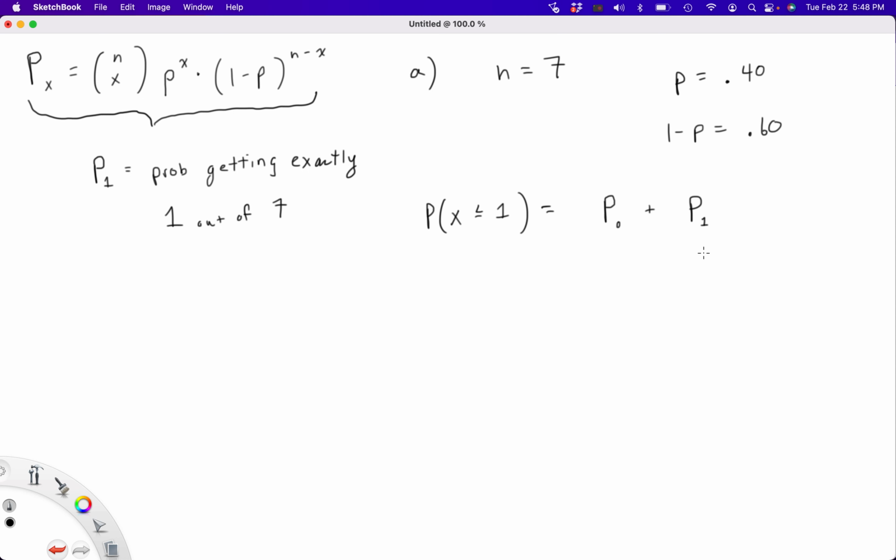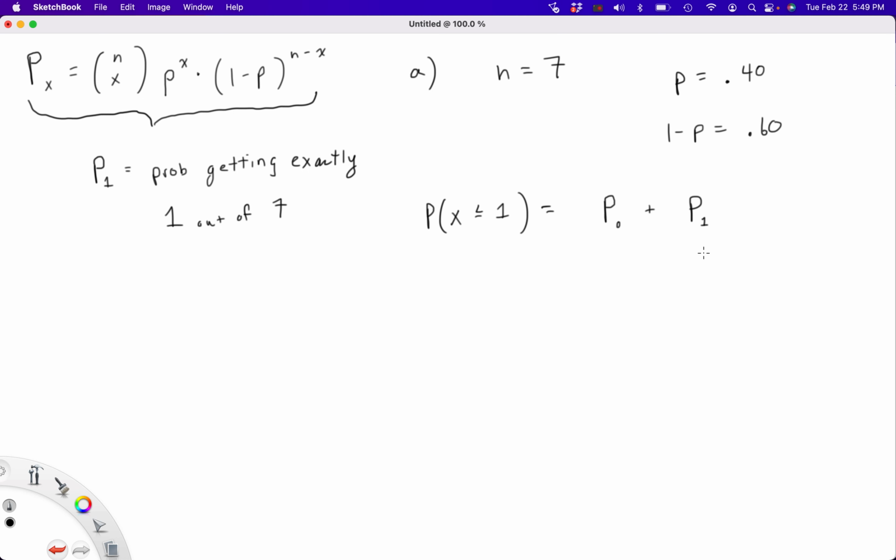Right, so what's the probability of getting 0 successes out of this 7 trial experiment, plus the probability of getting exactly 1 success out of these 7 trial experiments. So hopefully this makes sense. If it's a less than or equal to, we have to be a little bit clever and come up with something that allows us to calculate the total probability.